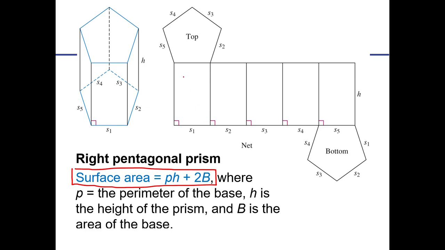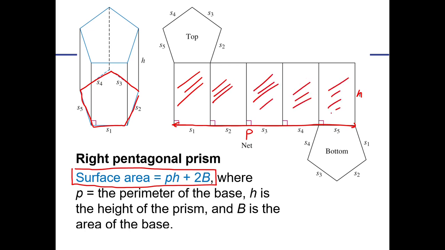Well, if you look at the rectangles here on the bottom, the rectangles will have a total length of P. The reason they have a total length of P is they are the perimeter of the pentagon. So this distance is a distance of P, and this has a height of h. So the area of these rectangles here is just the perimeter times the height.